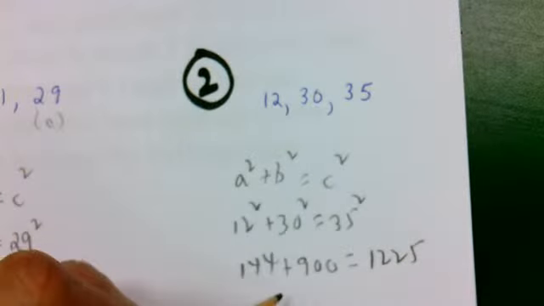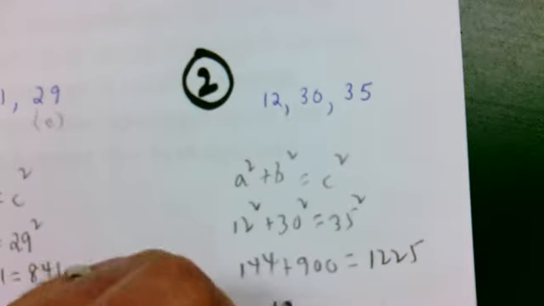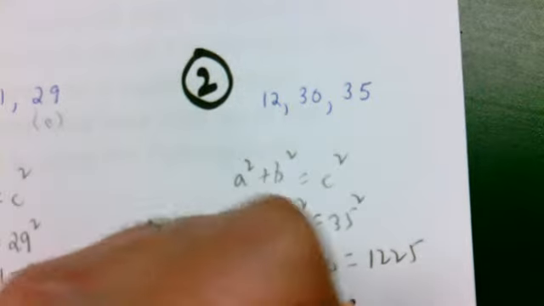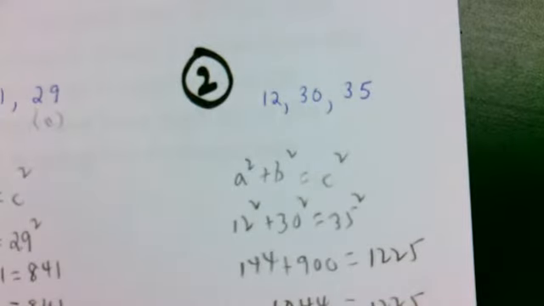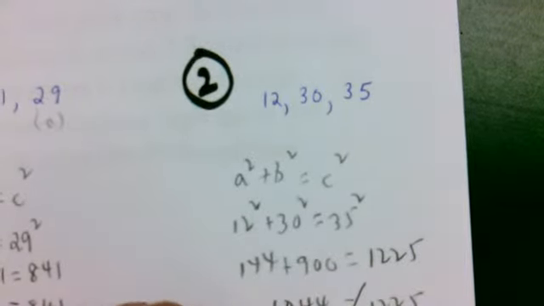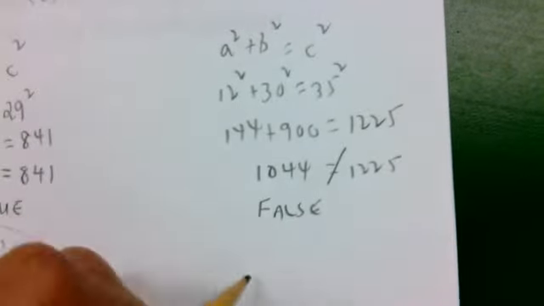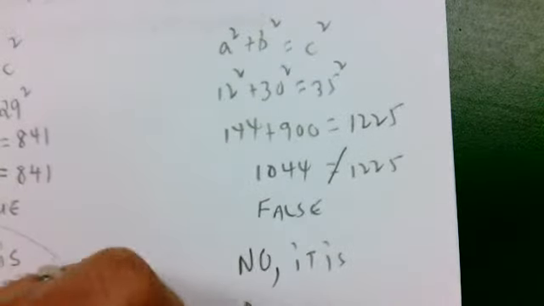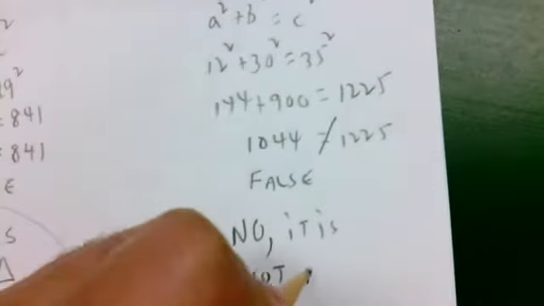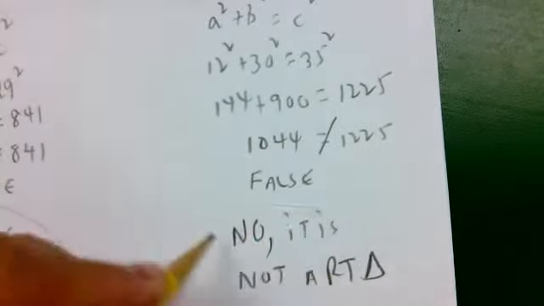Now if I were to add these two together, I'm going to get 1,044, and that does not equal 1,225. So now what's going to happen is, this is not a true statement, this is false, and we're just going to simply write that no, it is not a right triangle.